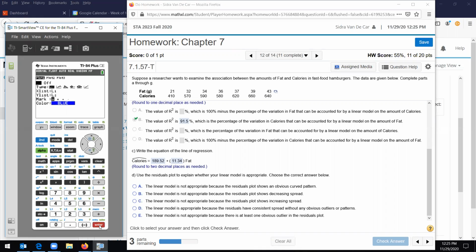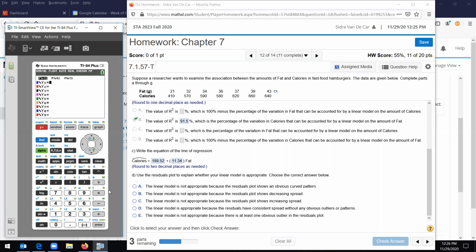I don't think it does that, does it? Yeah, okay. So to get the residual plot, we would have to actually calculate it.